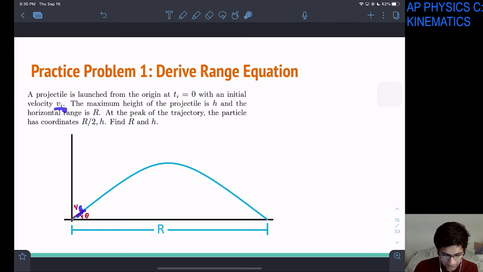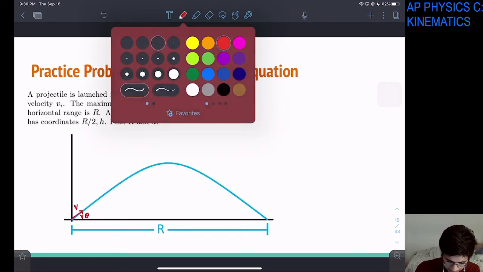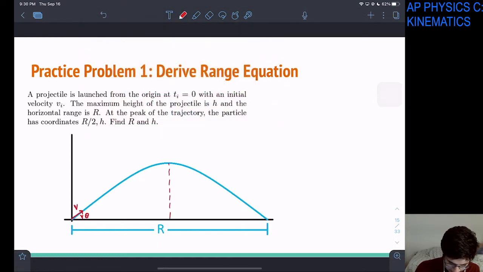The maximum height of the projectile is h, and the horizontal range is r. Okay, let's draw that in. So this here is h, and this range is r. At the peak of the trajectory over here, the particle has coordinates r/2, comma h.